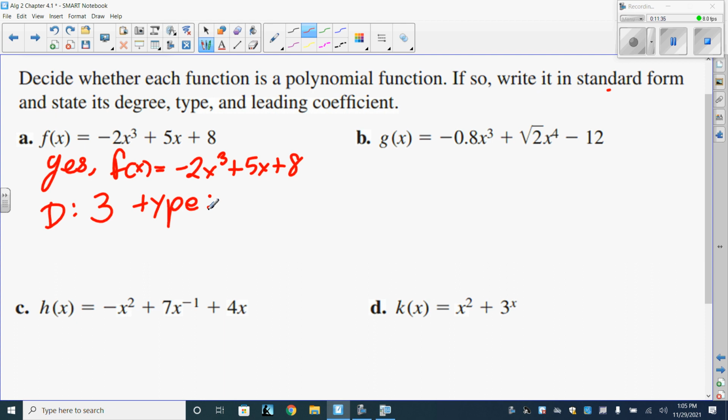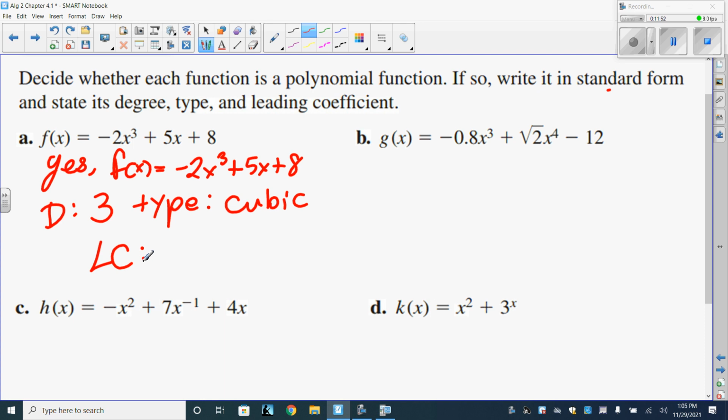Now, what would the type be? Cubic. Since it is a degree 3, degree 3s are considered to be cubic functions.